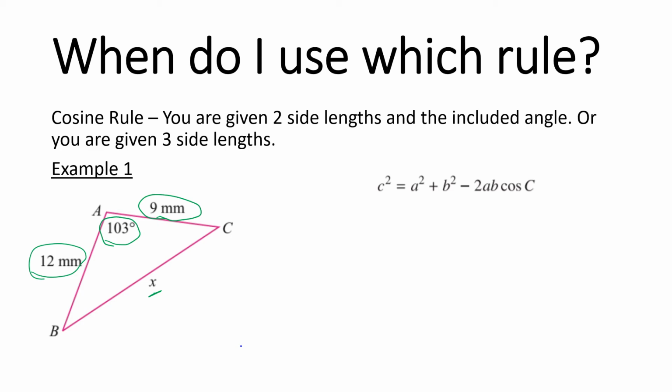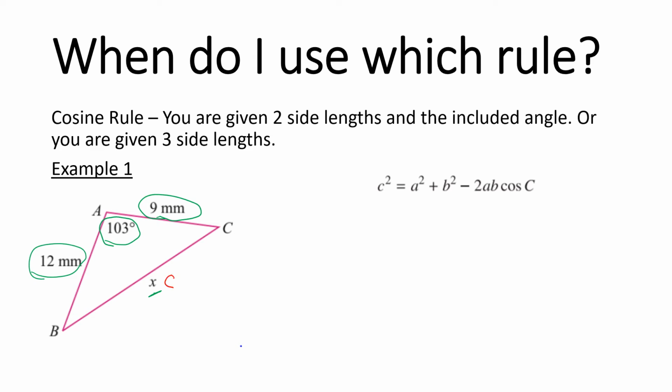And I'm trying to find another side. As I said before, when you're using the cosine rule to find a side, you use c squared equals a squared plus b squared minus 2ab cos c. So c will always be our missing side length.